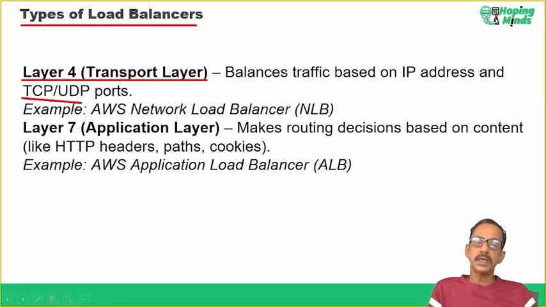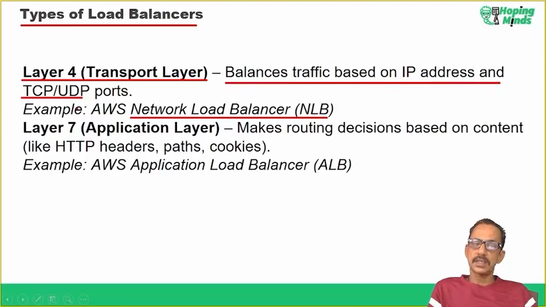TCP and UDP. This is also called the network load balancer in AWS. It balances the traffic based on IP address and port number. That is the network layer load balancer.